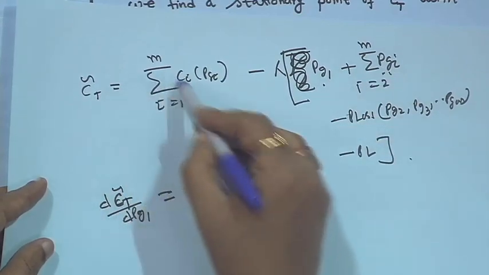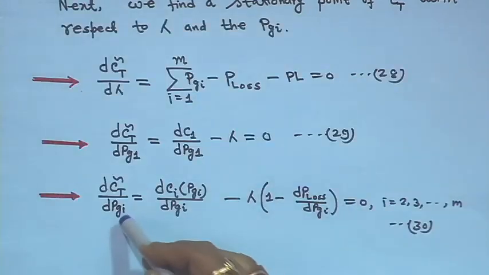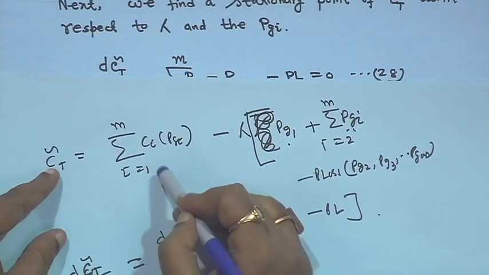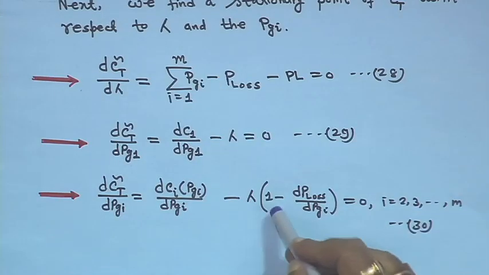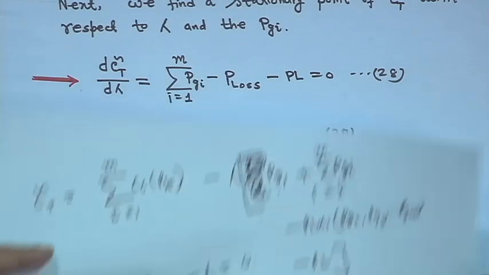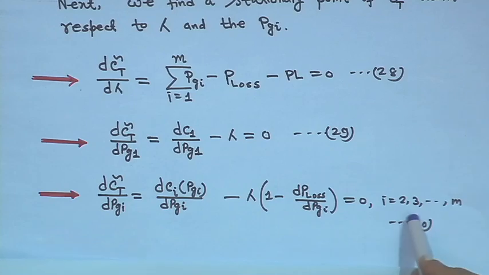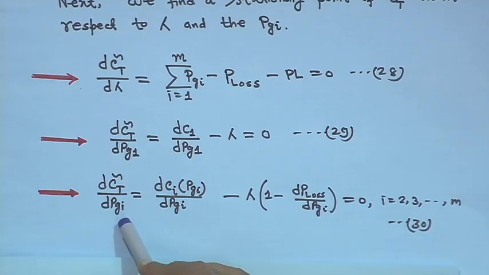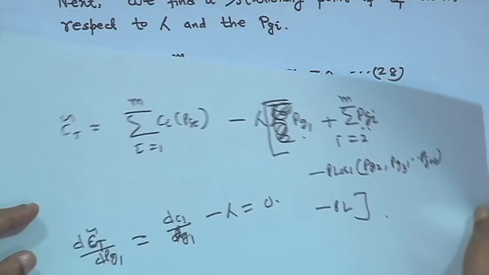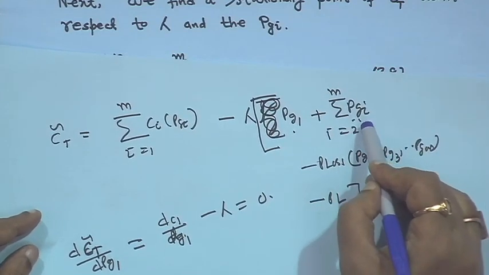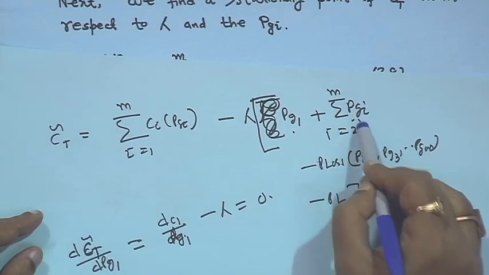So, at that time dC tilde upon dPgi is equal to dCi upon dPgi, that is fine, then minus lambda in bracket, it will be 1 minus dP loss upon dPgi, that is equal to 0 when i is equal to 2, 3, m. If you take the derivative with respect to Pgi, that means you are taking i is equal to 2 to m for the ith one.